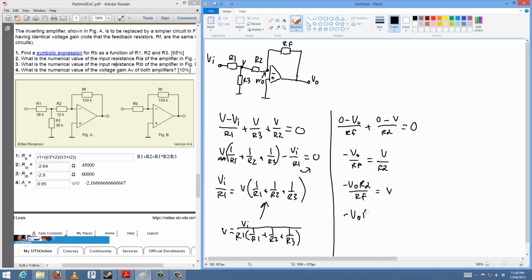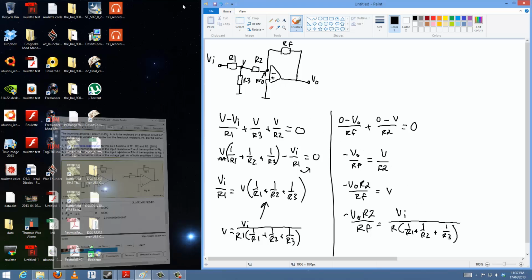Now this is where mine might differ a little bit from others. This is just how I prefer to do it. VI on R1 times 1 on R1 plus that plus that. I'll give myself a little bit more room.